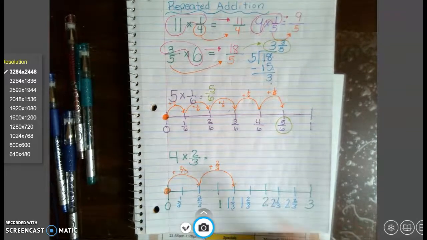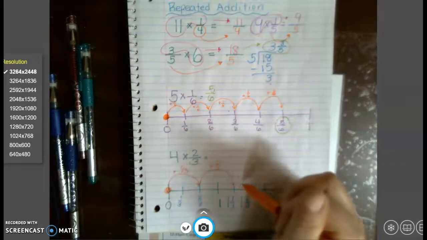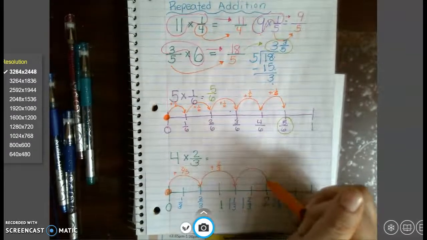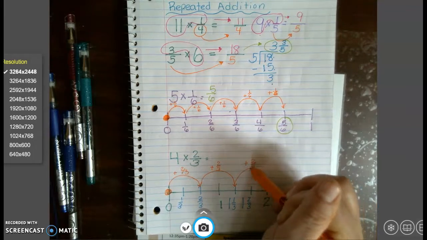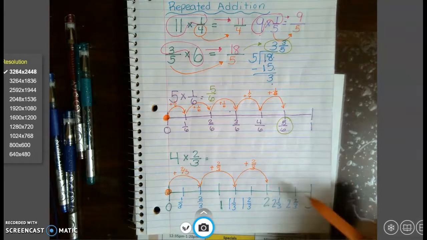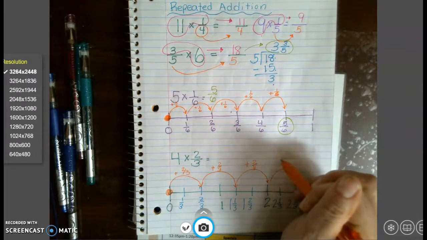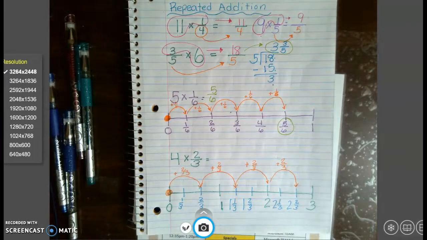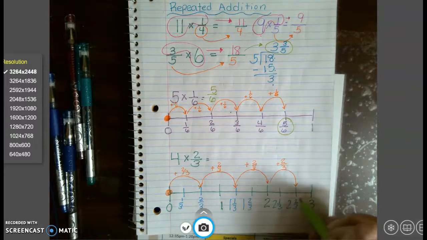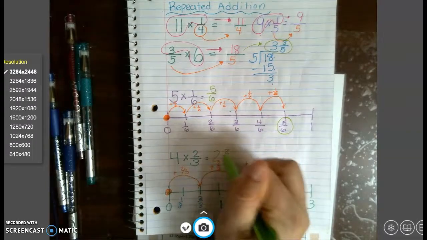So jump twice. I need to jump 2 more. 1, 2. I'm going to jump 2/3. I have 1 more hop to make. 1, 2. I'm going to jump 2/3. And I am going to end up at my answer of 2 and 2/3.